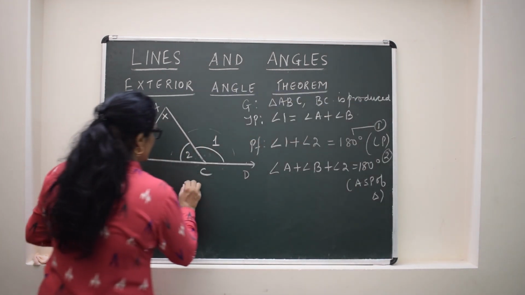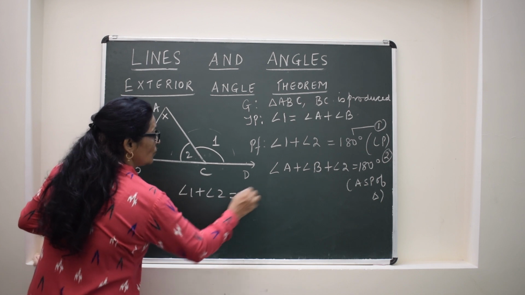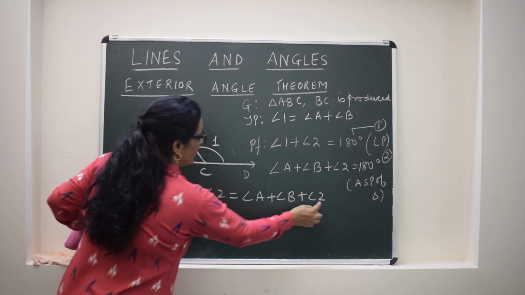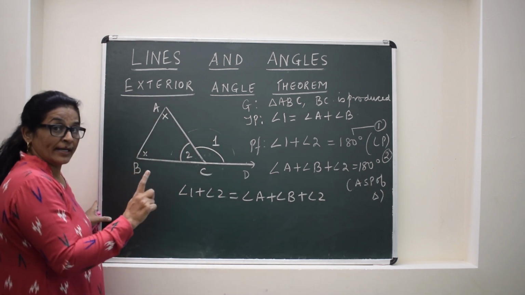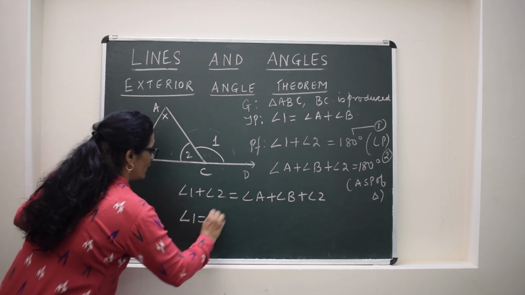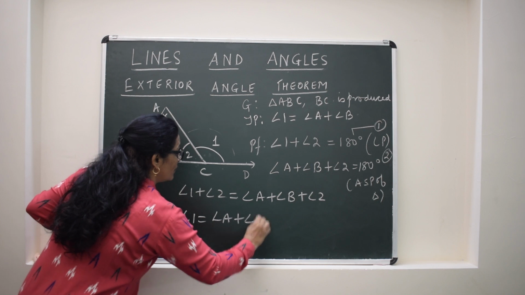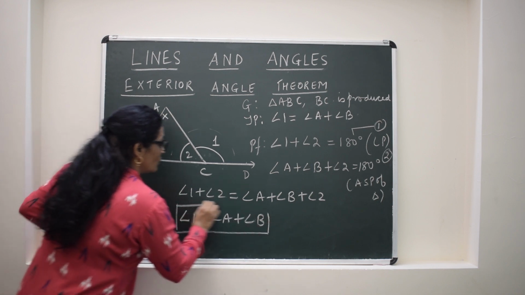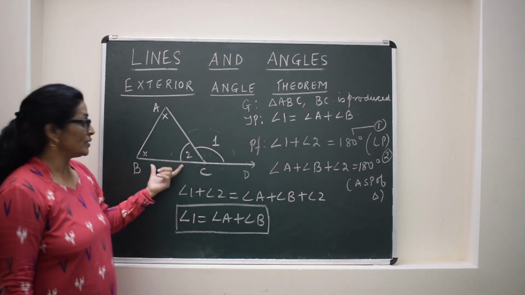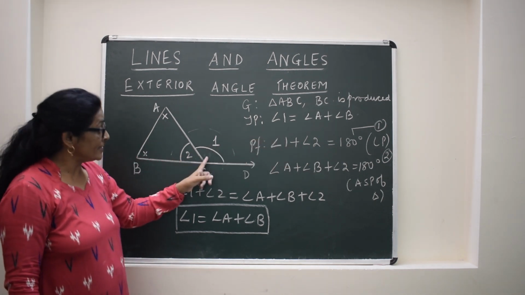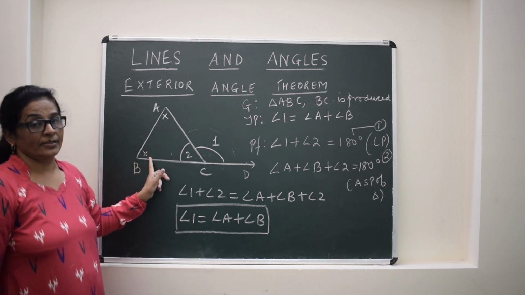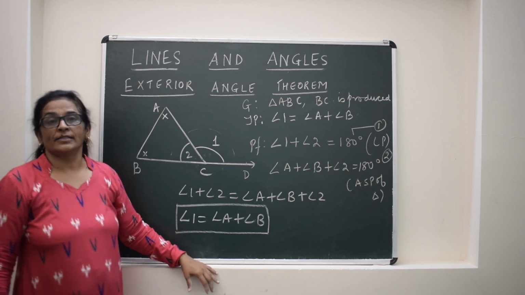So angle 1 plus angle 2 is equal to angle A plus angle B plus angle 2. Now angle 2 and angle 2, both sides same sign, same value, can be cancelled. So what we have got: angle 1 is equal to angle A plus angle B. That only we had to prove. So the exterior angle formed by producing the side of the triangle is equal to the sum of two opposite interior angles. This is the theorem which is called the exterior angle theorem.